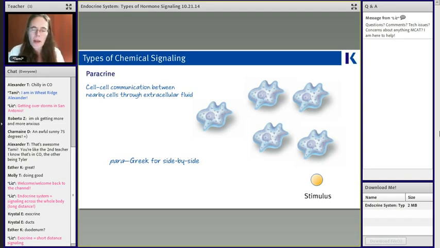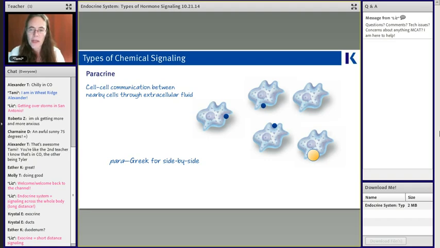So let's talk about how this could work. Let's say our stimulus here is an allergen, okay? So a cell notices this allergen, and it's a mast cell. This mast cell is then going to secrete histamine. And this histamine is going to go to nearby cells, which is what we're seeing here.